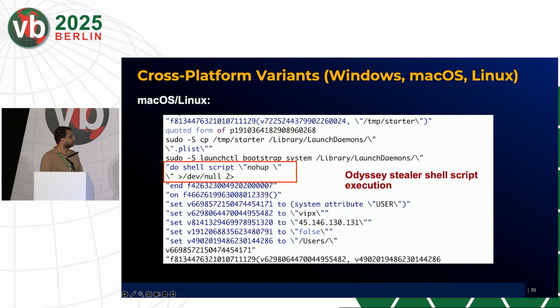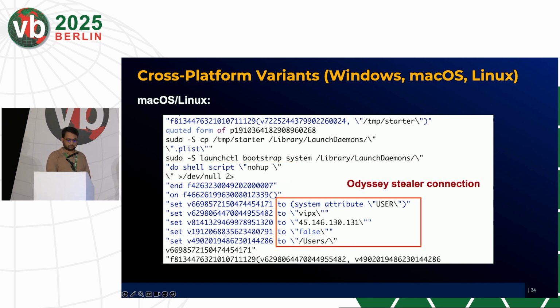Another is shell script execution with output redirection. This do shell script runs with nohup and the output location is null, so it runs in the background and redirects the outputs. There are also some obfuscated parameters: variables being set for system attribution, such as user, and encoded values like VIPX, IP addresses, and Boolean flags.